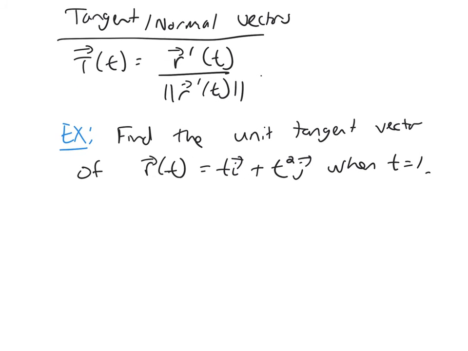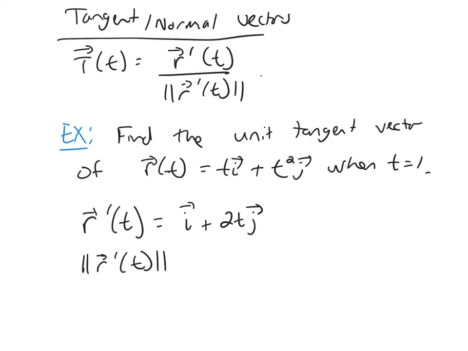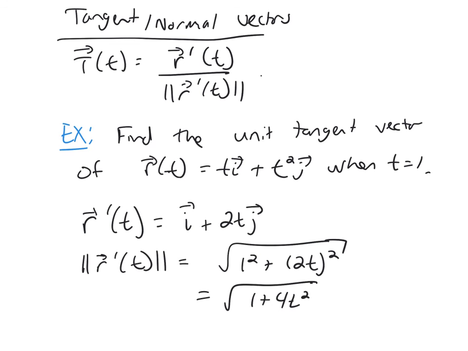So you're going to take the derivative of your vector valued function r. The derivative of t is just 1. T squared, it's 2t. And then you want the magnitude. So it's the square root of 1 squared plus (2t) squared, the square root of 1 plus 4t squared.